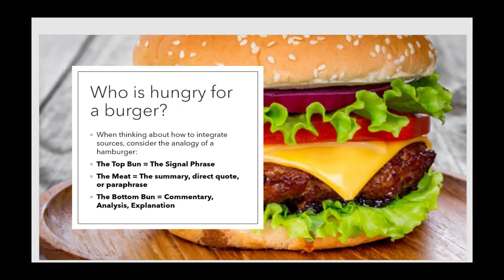If you recall from the body paragraph discussion under the Texas format, we know that this is something that needs to be included regardless, right? We need an explanation of the outside information. That explanation can be further analysis. That explanation can be your commentary. Whatever the purpose is as to why you put that information in there is going to be included in that bottom bun aspect.